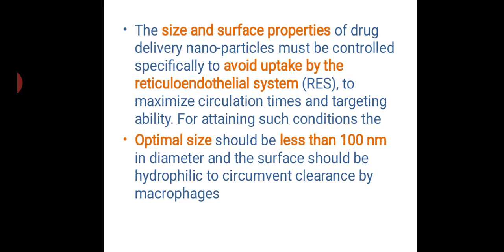So if the particle size of the carrier is less than 100 nanometer, and if the surface is hydrophilic in nature, it overcomes the clearance by the reticular endothelial system. So now I hope it's clear to you very well how the carriers help in targeting.